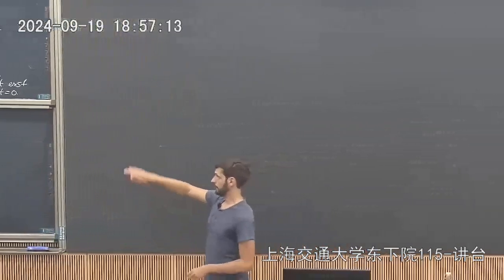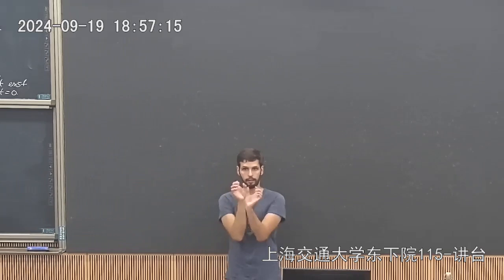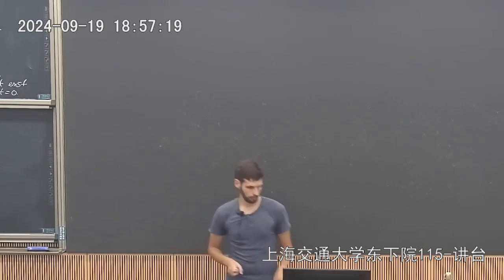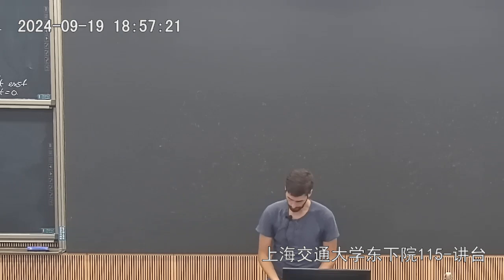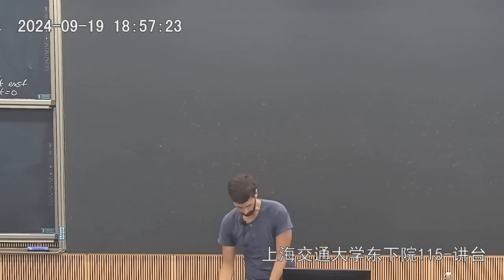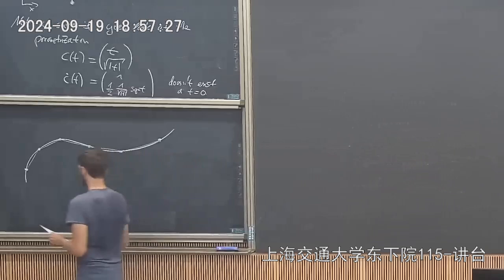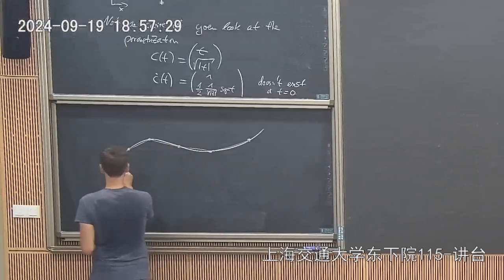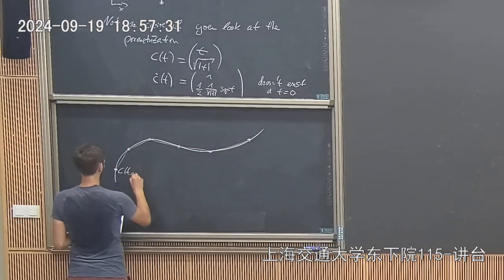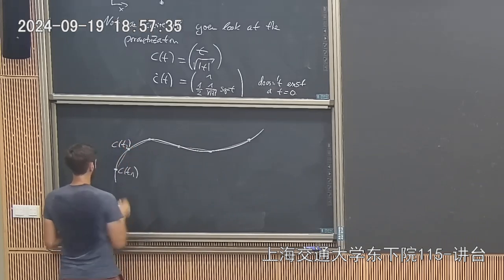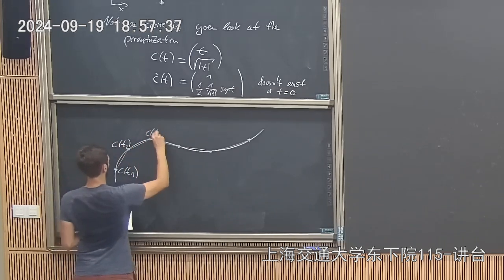And we take the length of this and then we make these points that we choose finer and finer. So in the limit, we get something that approximates the length of the curve really well. So let's say that this one is c(t1) and this one is c(t2) and so on.